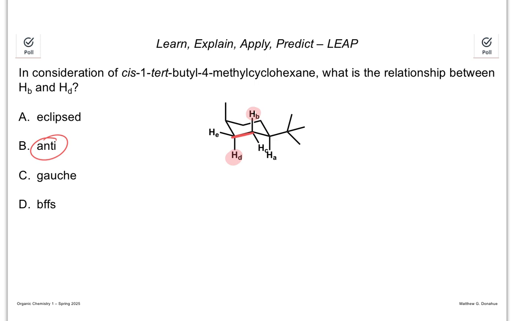And we're interested in HB and HD. So you're looking at it one way, but when you look at it rotated, the Newman projection this way, so you're looking down this carbon-carbon bond, this hydrogen to that one, going from here, rotating the angle, that's 180 degrees. So those are anti to one another.